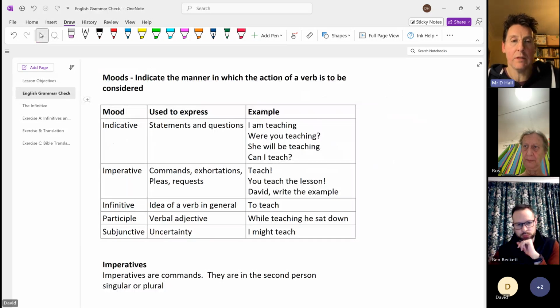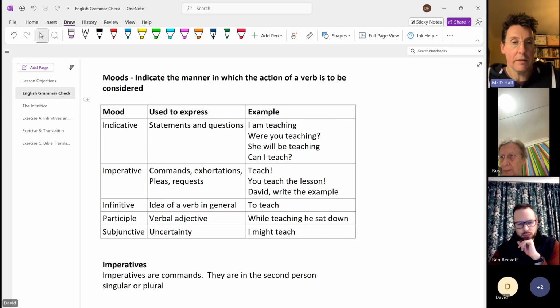So they make statements and questions. And so we have the present tense, and we have the imperfect and the aorist and the future tense. When we talked about those, we said simple sort of statements: I am teaching, were you teaching, as a question, she will be teaching as a future, can I teach, and so on. So those are the things we've looked at before.